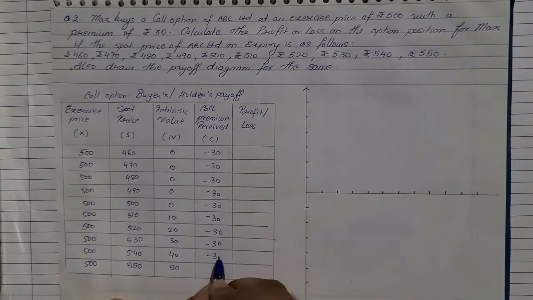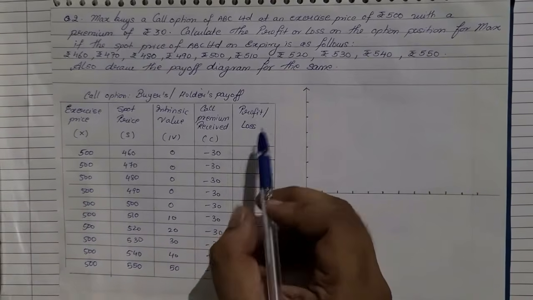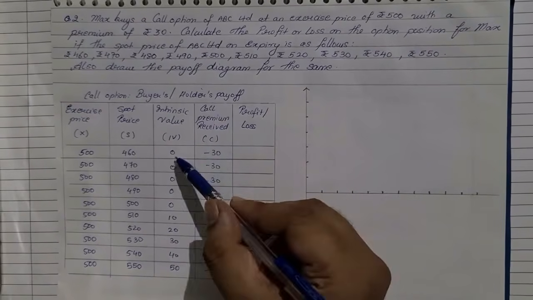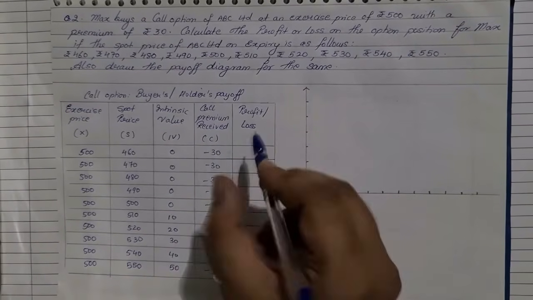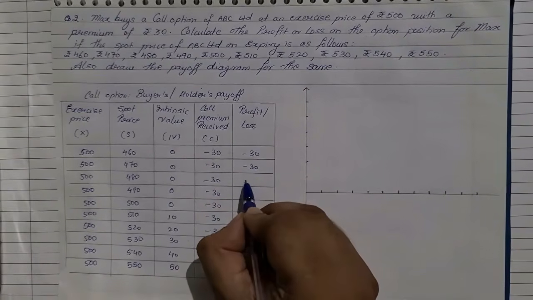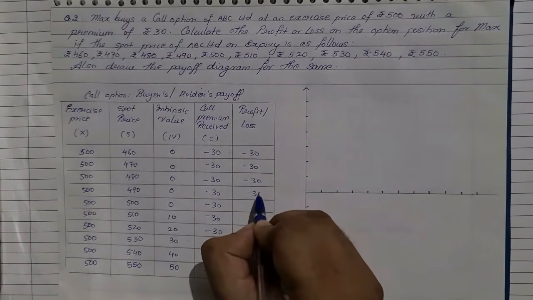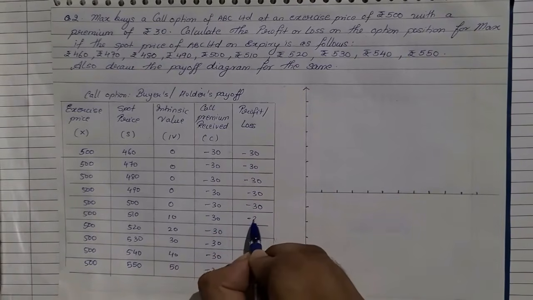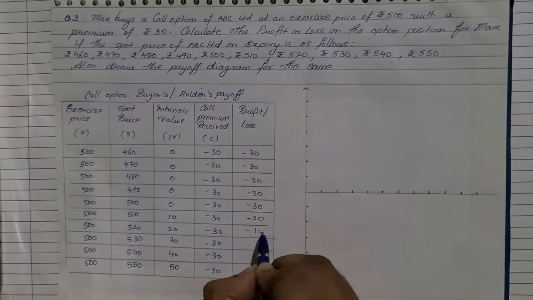The last part is where we need to find the profit or loss. Profit and loss is nothing but the difference of intrinsic value and call premium. So 0 minus 30 will give you negative 30. Again 0 minus 30 is negative 30, negative 30, negative 30, negative 30. Thereafter it is 10 minus 30, so negative 20, negative 10.